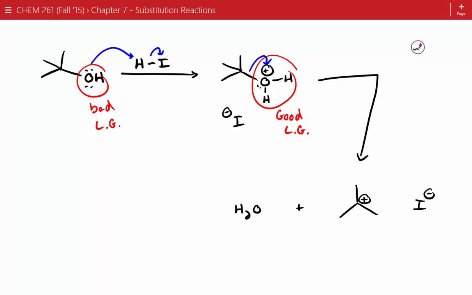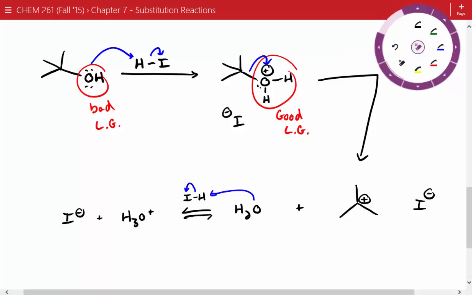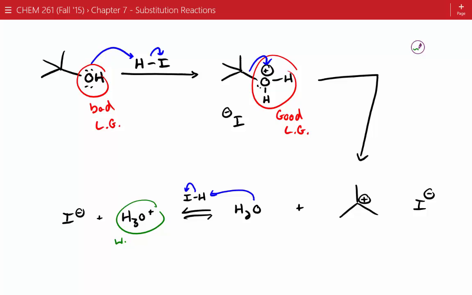Acid-base. So if we're running this in acid, this water won't even have a chance to do anything, because this water will quickly grab a proton and form hydronium. So let's circle this and say water that was kicked off quickly gets protonated.